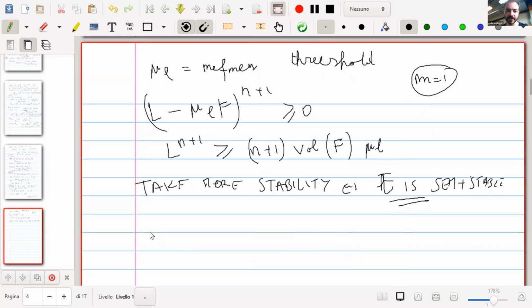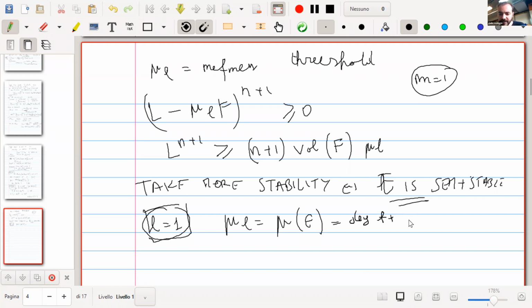Under this assumption, l is equal to 1 because the Harder-Narasimhan filtration has length 1 as E itself is semi-stable. So mu L is the slope of E, which is nothing but the degree of E divided by the rank of E.